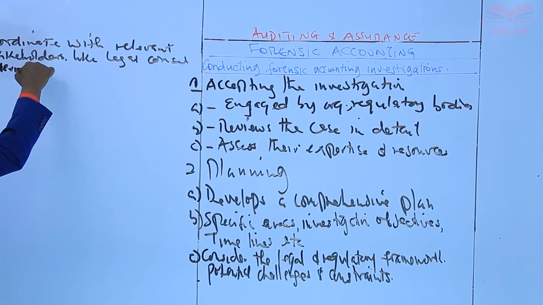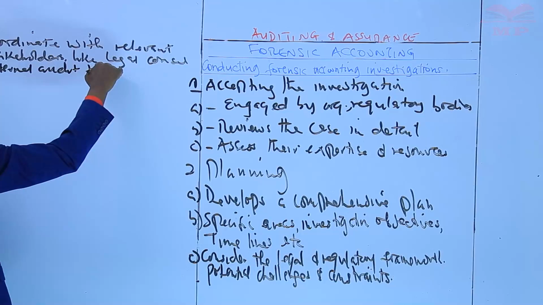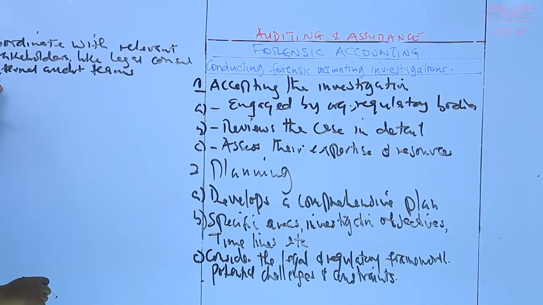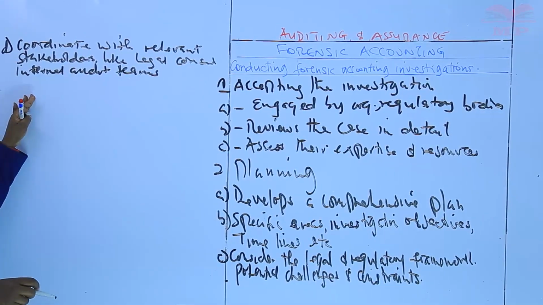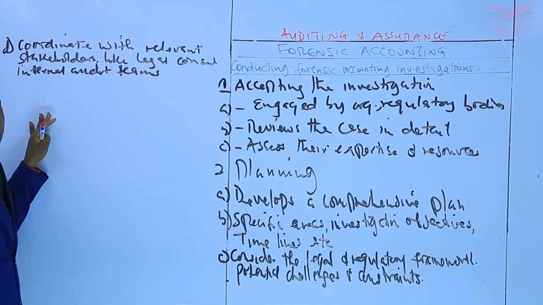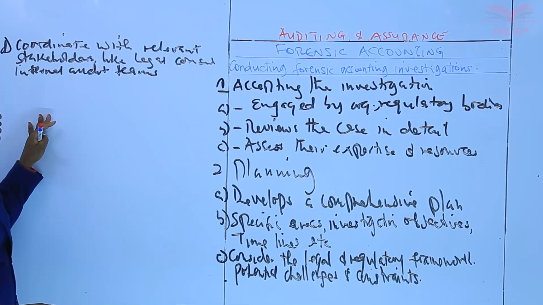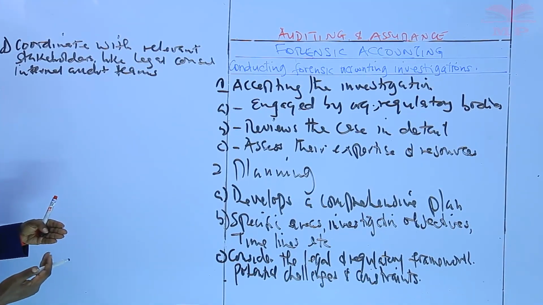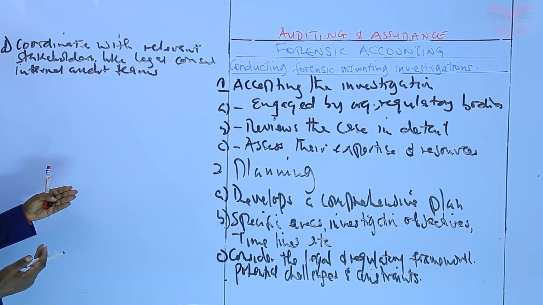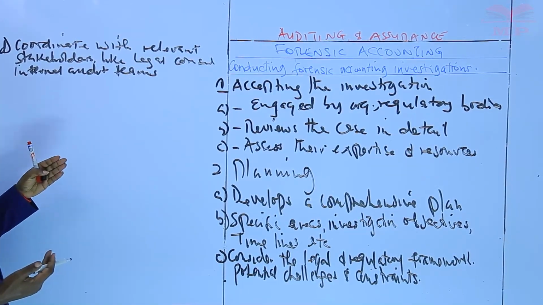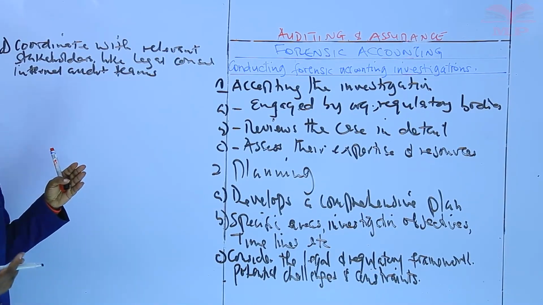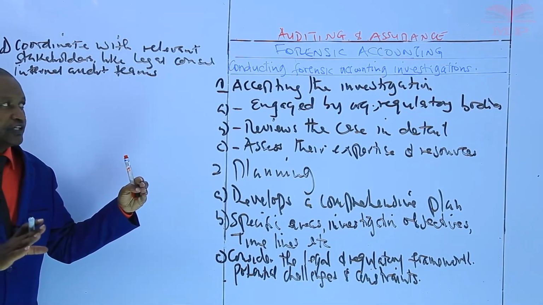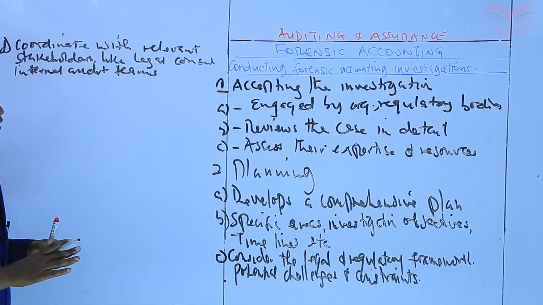Internal audit teams, to ensure alignment, because these are the individuals or persons that the forensic accountant is likely to be seeking information from. So the forensic accountant has to reach out to the relevant stakeholders like the company lawyers and the internal audit teams, so that they can align as the forensic accountant prepares to begin the investigation.